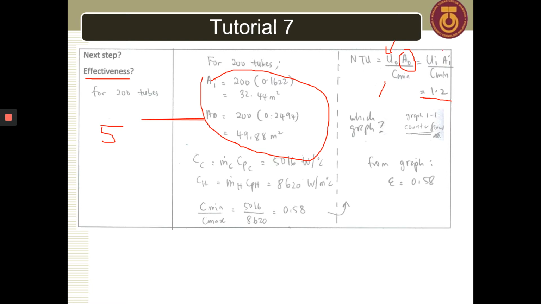Okay, so I hope you already understand or you have no confusion anymore. So I repeat one more time, the overall coefficient and also the resistance, this one you must consider for one tube, which means the area for one tube.